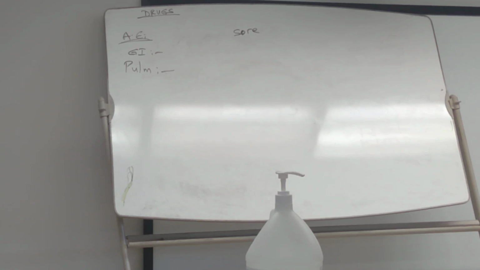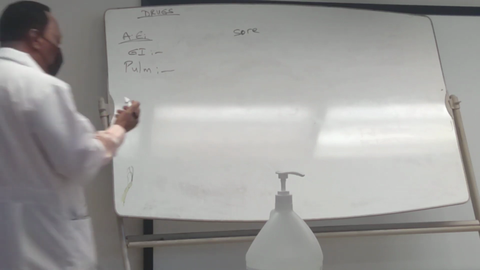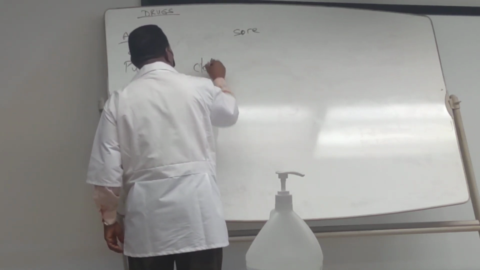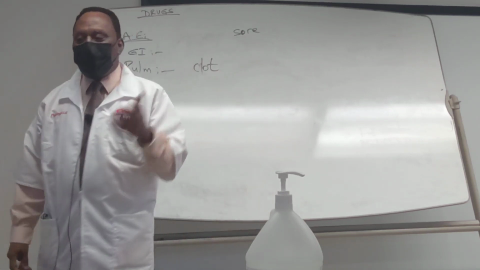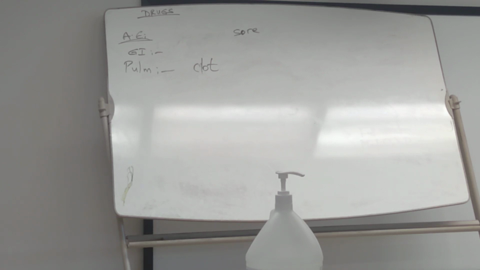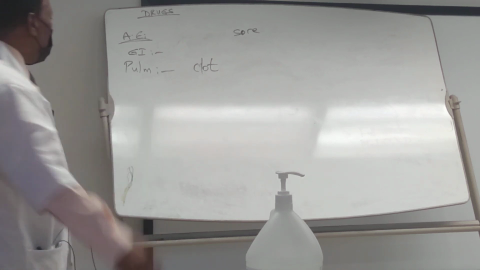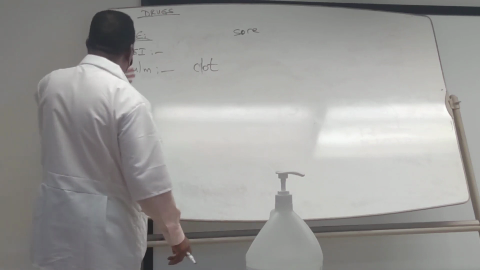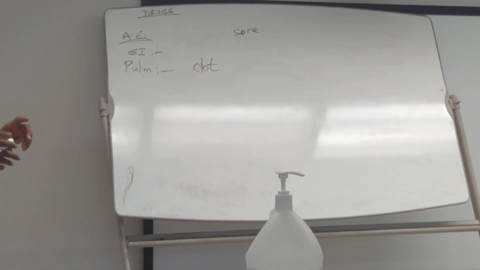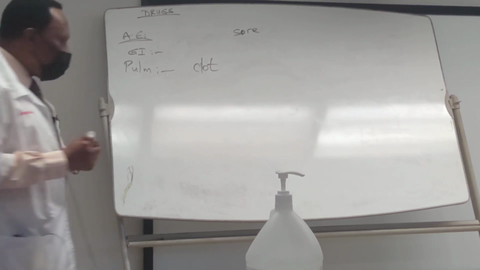Pulmonary system, it can also cause clotting. And so you can have that pulmonary embolism, within the pulmonary system, difficulty in breathing, and shortness of breath, and all those can be observed with Abrams. And it happens to affect the bone marrow.